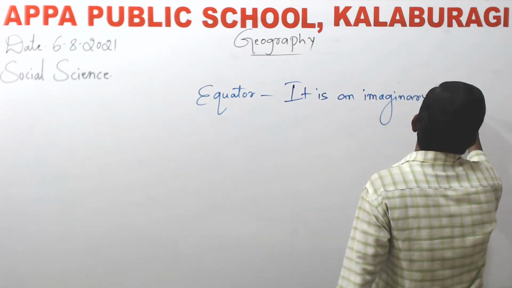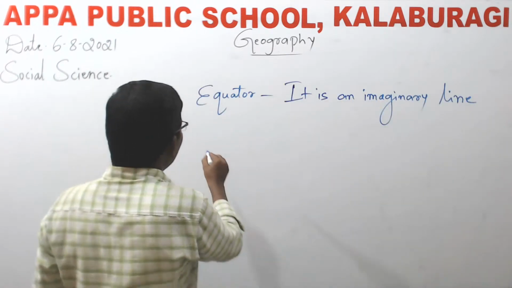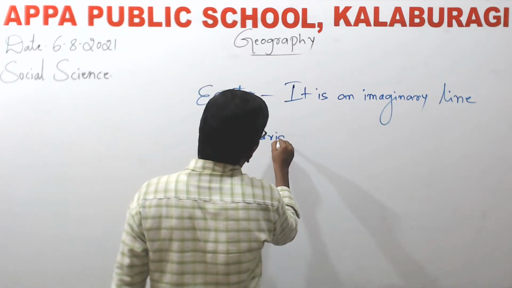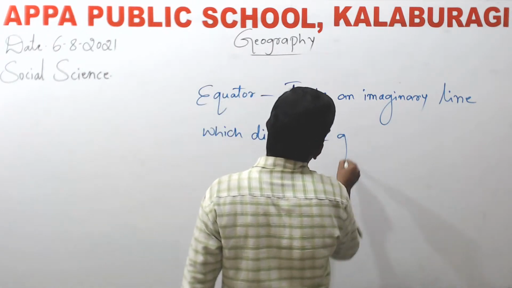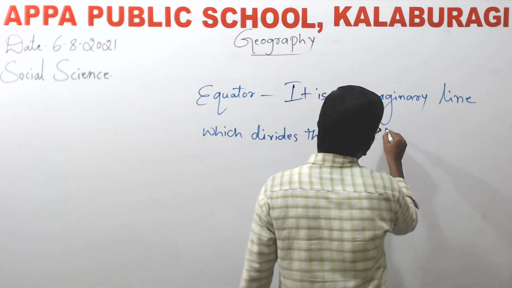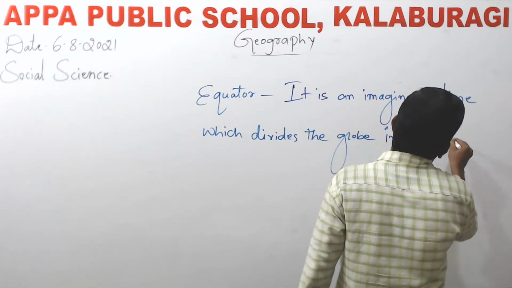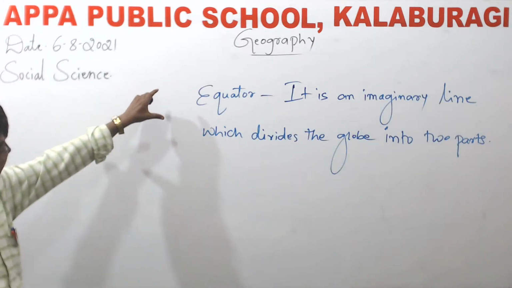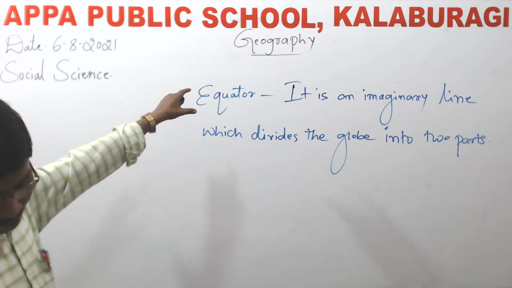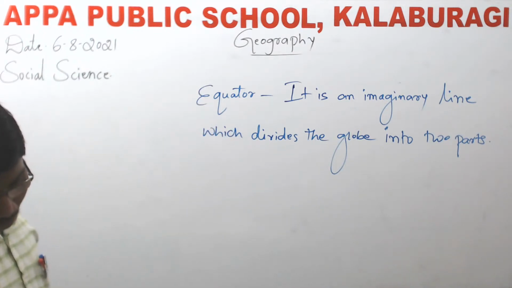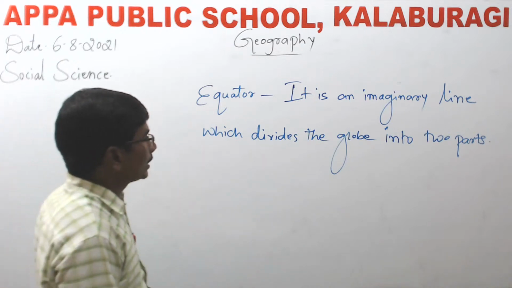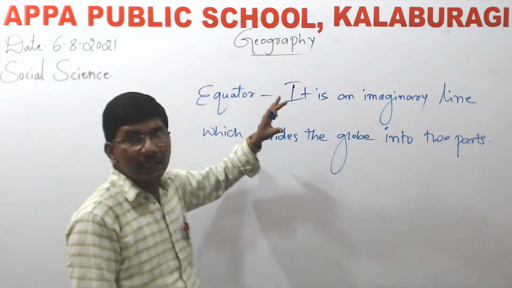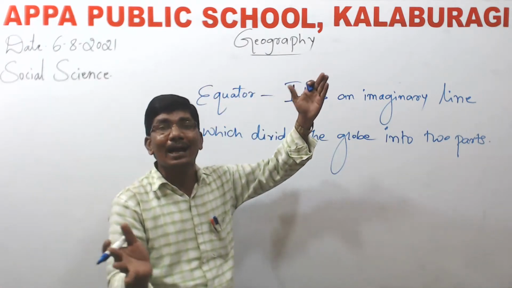It is an imaginary line which divides the globe into two parts. That is called equator. What is it, children? Equator means it's an imaginary line running on the globe, dividing it into two equal parts. That is called equator.